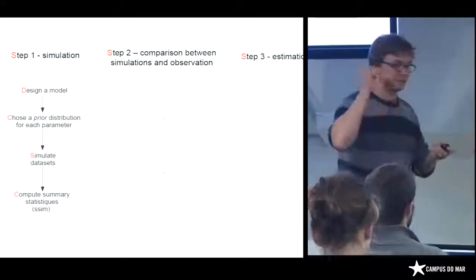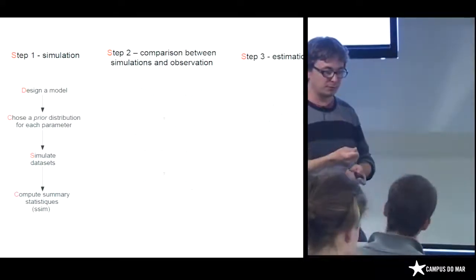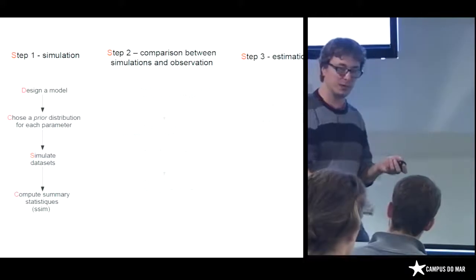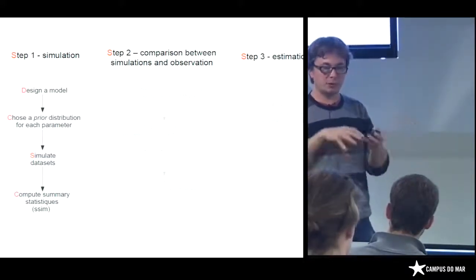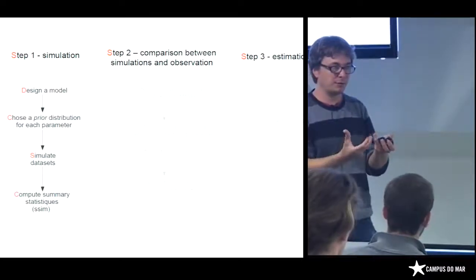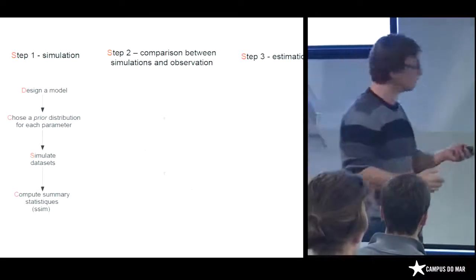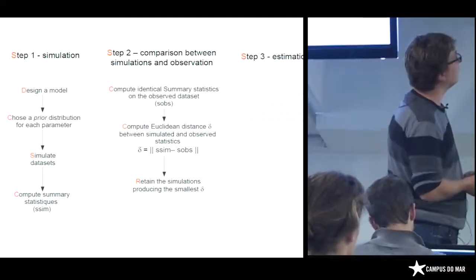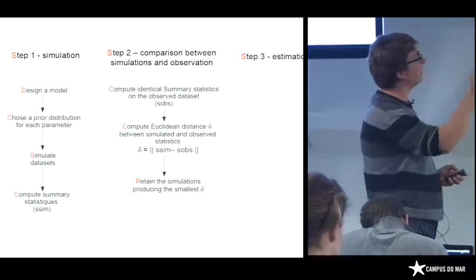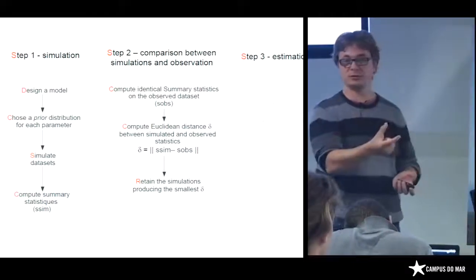So the first step, you choose a model, you simulate, you compute a description of the simulation output, the summary statistics. Then you have to compare simulations with the observed dataset.